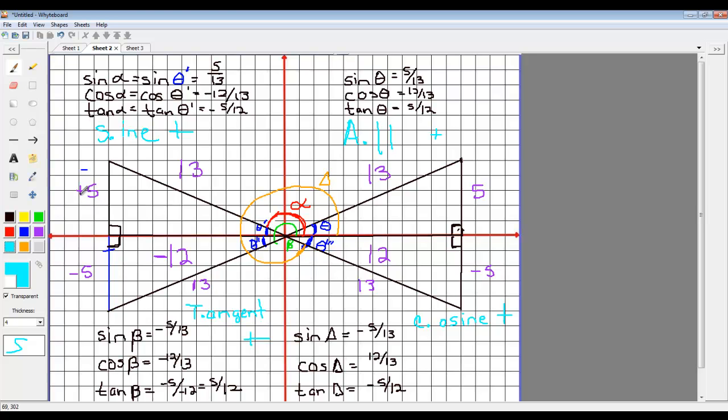And a real quick way of trying to remember what signs to use is starting in quadrant 1, think of the saying: A for all, S for sine, T for tangent, C for cosine. So think about A, smart, trig, class.